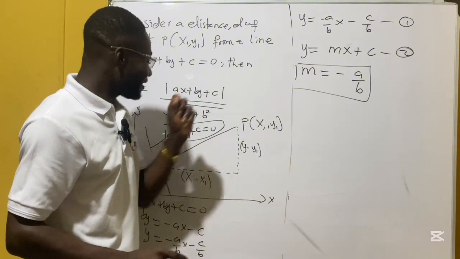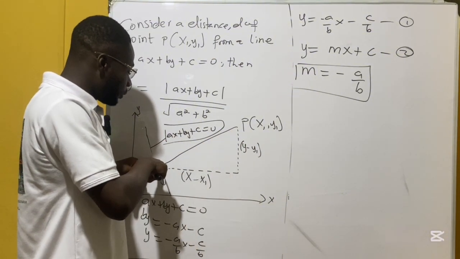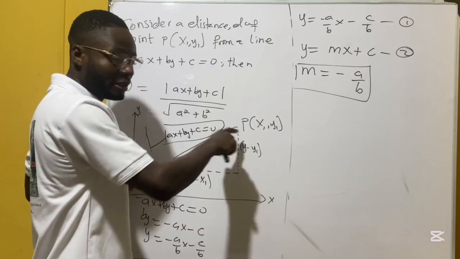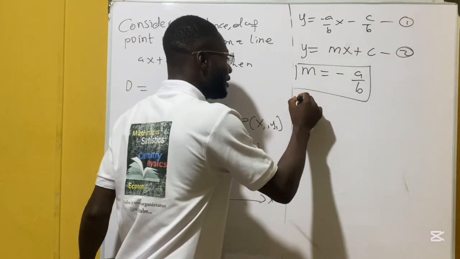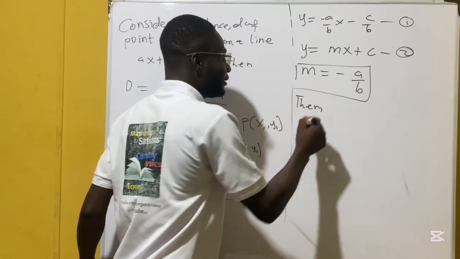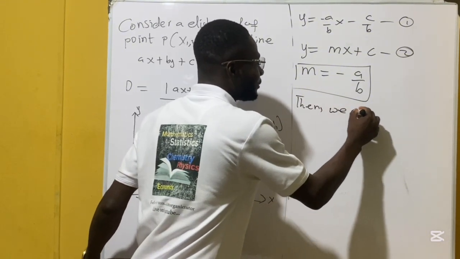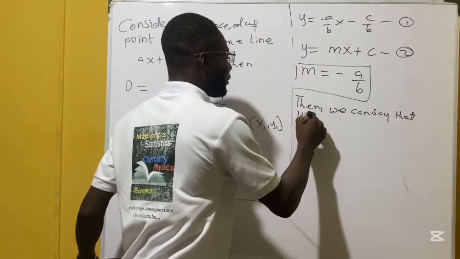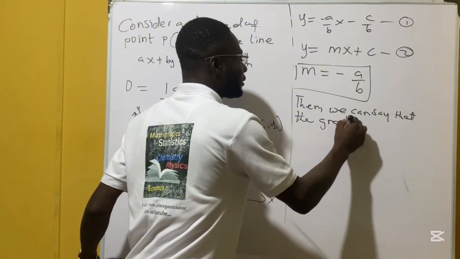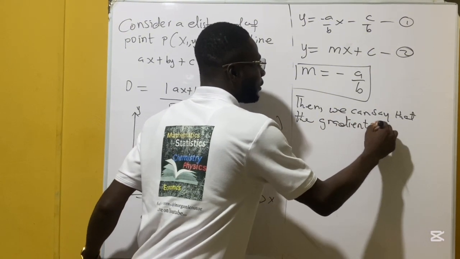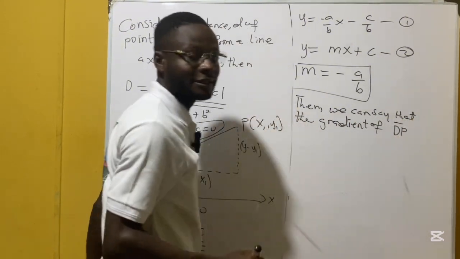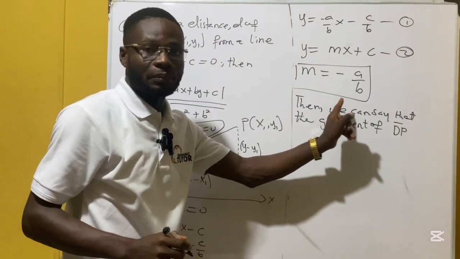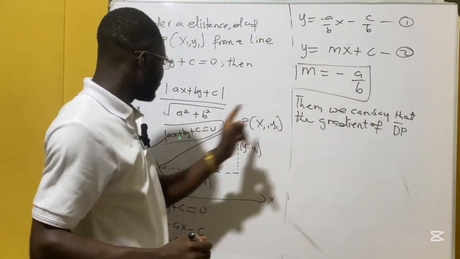Now, since this line is perpendicular to the line DP, the gradient of DP is going to be the negative reciprocal of the gradient of this line.